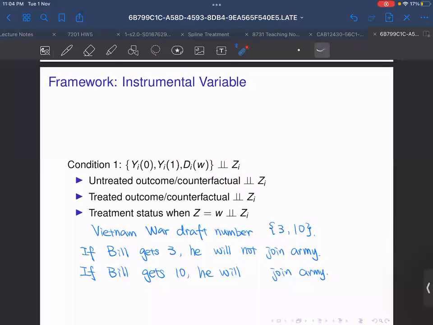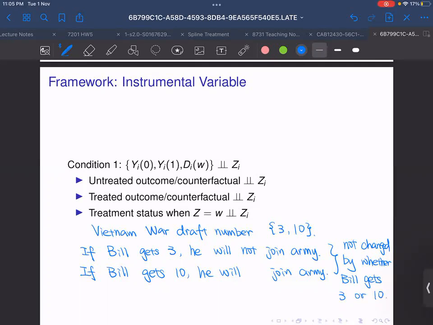This instrumental variable zi has to be independent from all the possible outcomes I get for a given instrumental variable value. So I will write this, not changed by whether it is 3 or 10. Sorry, it's a little packed here, but I think you can still see it, right?